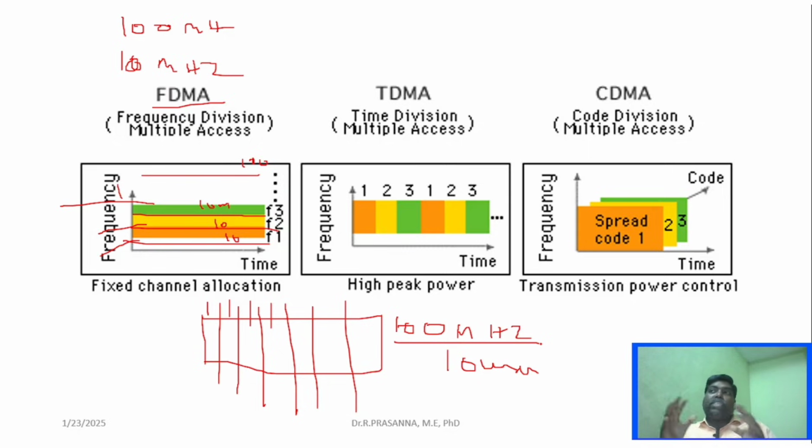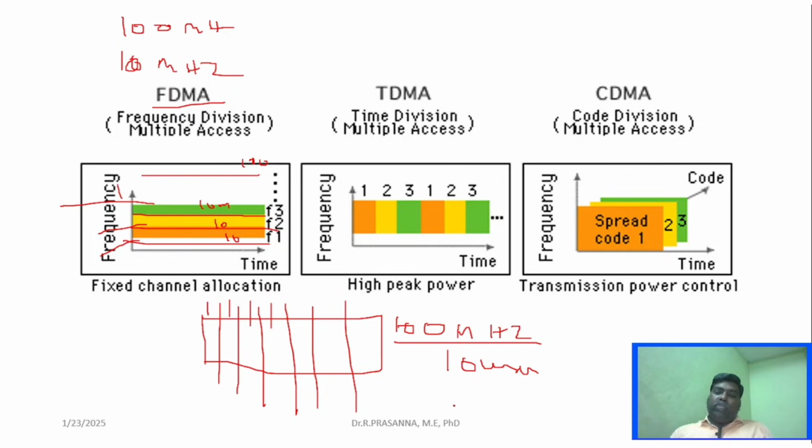And when it comes to CDMA, code division multiple access, there is no limit in time, no limit in frequency, right? This is the very important technology which created the greatest revolution in mobile communication. CDMA, code division multiple access.